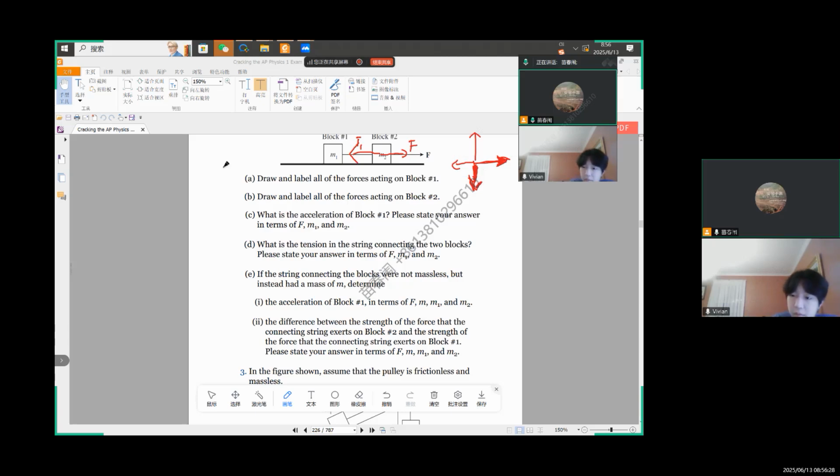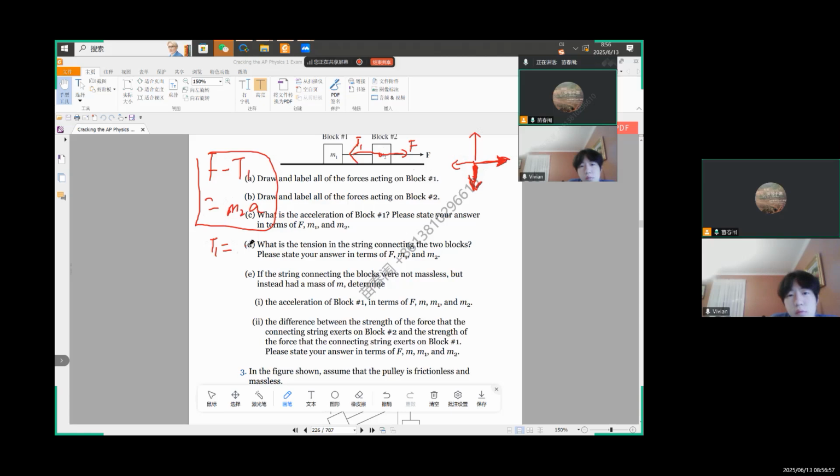So now I can use F minus T1 equals M2 a, right? Does that make sense? So T1, let me just get T1 directly.